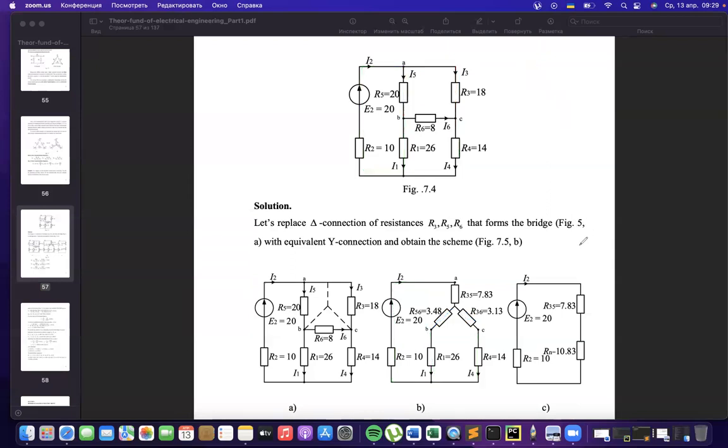Also, there is another variant. Instead of the bottom triangular part, we could obtain the other star transformation, redrawing all other parts of our system, leaving the main points in their places, and on this point drawing our star connection, the connection with a central point to all 3 resistors.